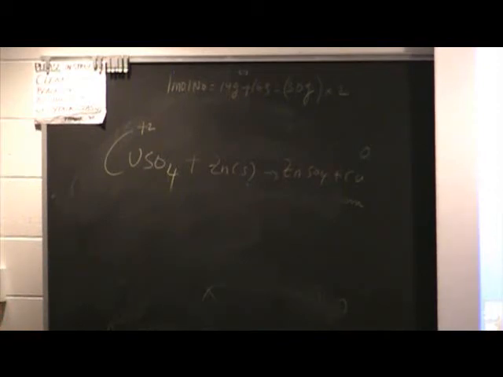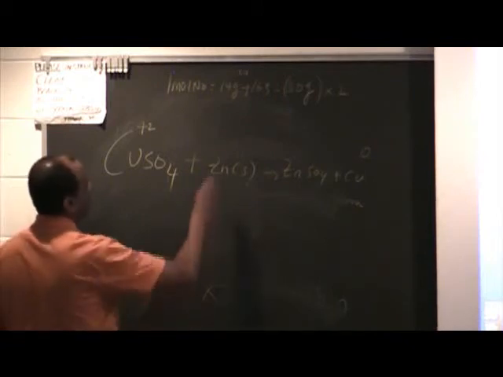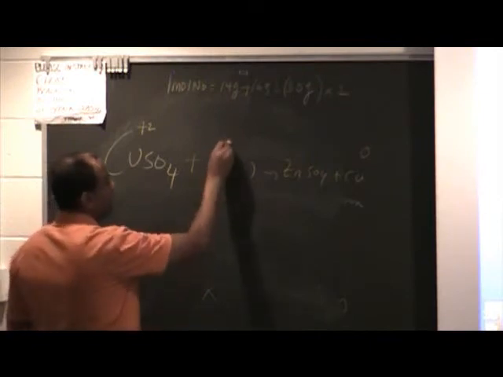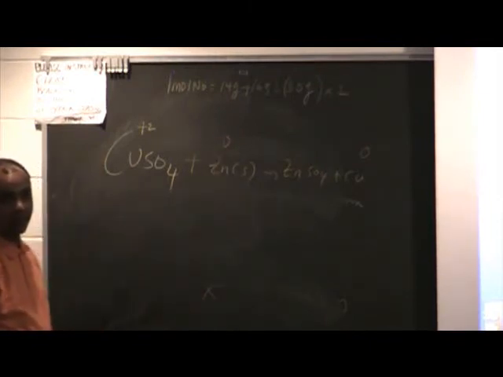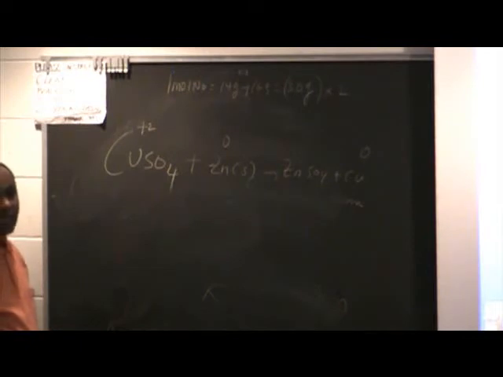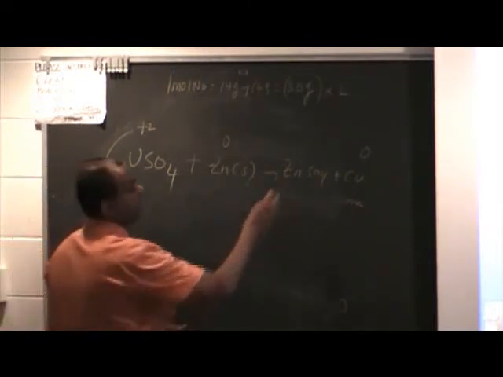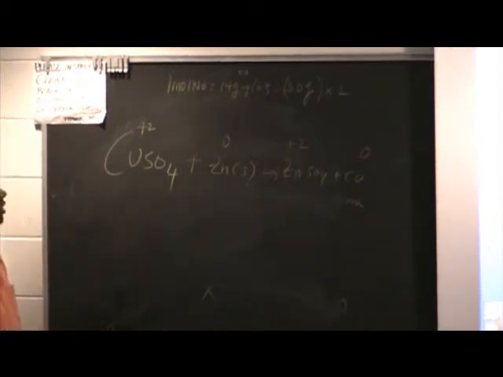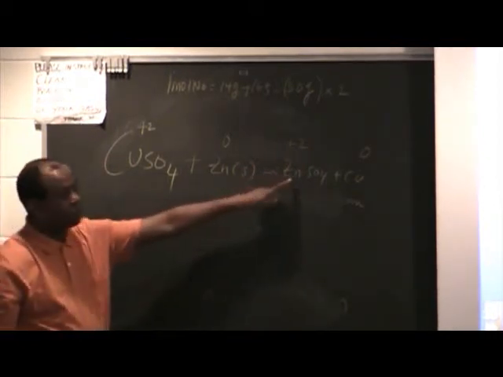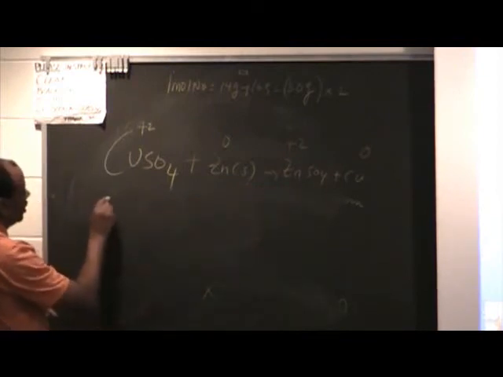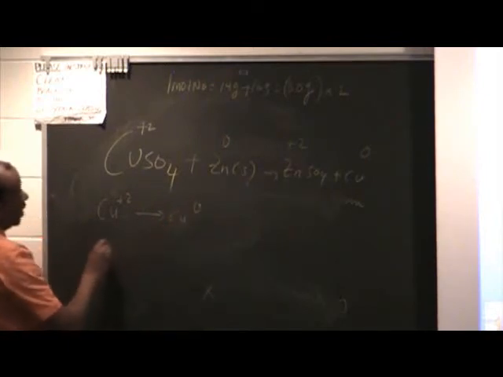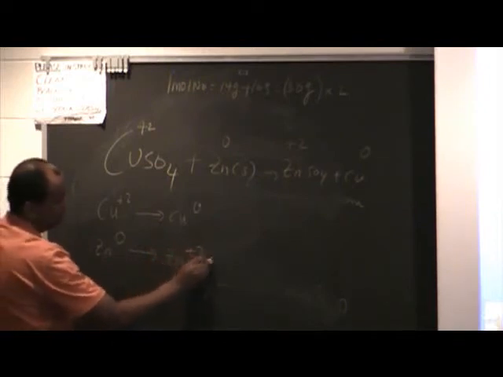If an element is by itself, just a single element, its charge is 0, because it doesn't lose or gain. But if it reacts with something else, it has a charge of +2. Copper +2 goes to copper 0, and zinc 0 goes to zinc +2.